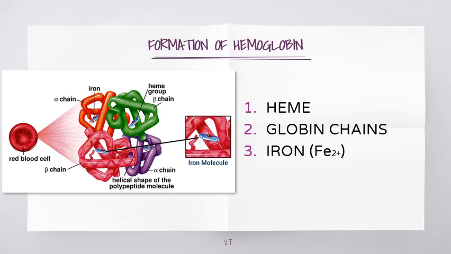As you can see here, the globins are helical shaped, wherein the iron and the heme group are inserted. Okay. Those are pockets. This is the pocket of heme and iron, pocket of heme and iron. And those pockets of heme and iron are where the oxygen will insert. Okay.